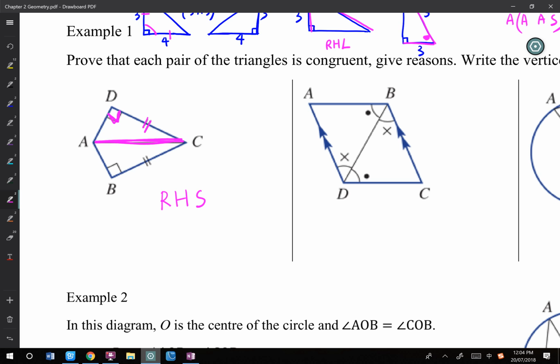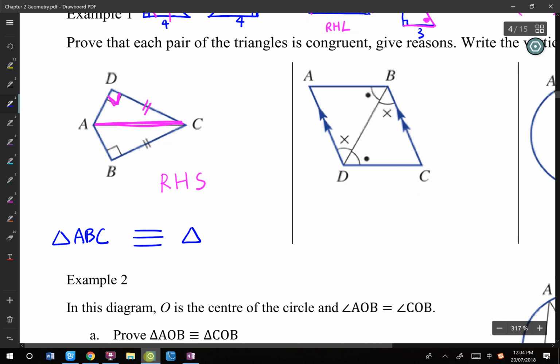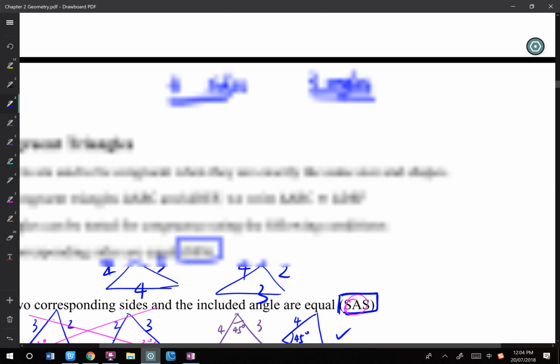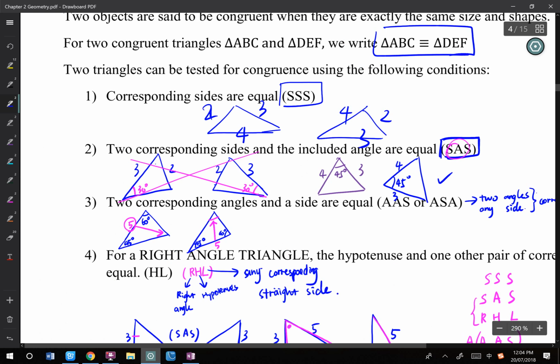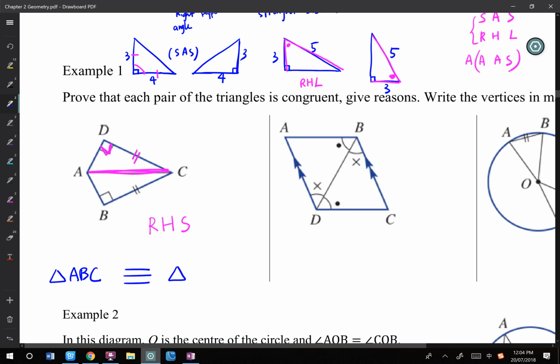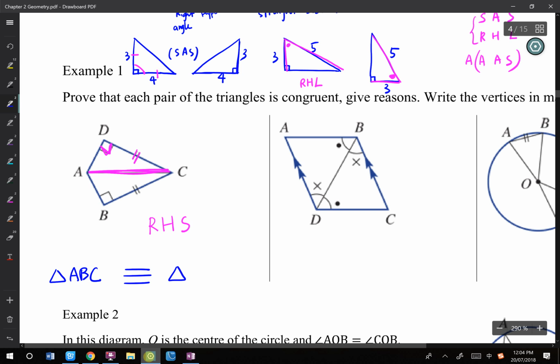So for example, for this one, I can write triangle ABC, congruent to triangle ACD or ADC, depending on how we write it, but we need to write it ADC.